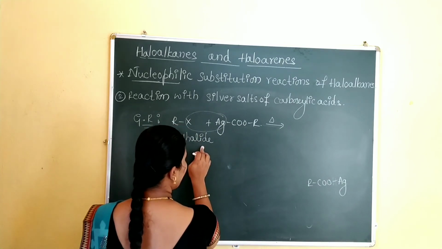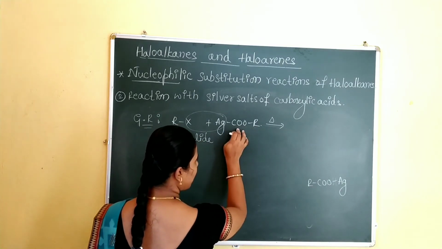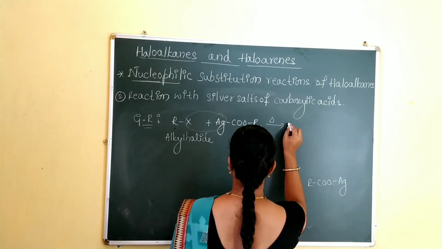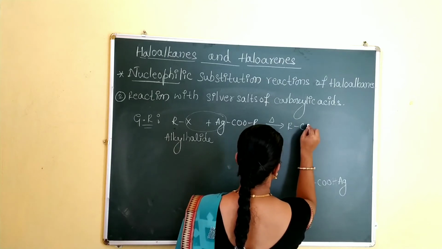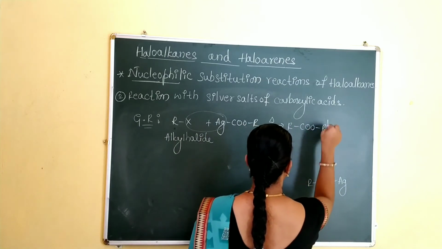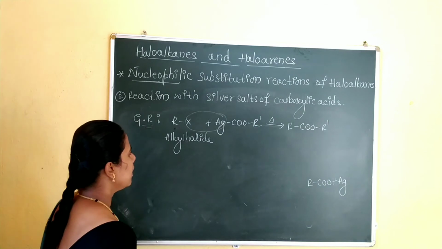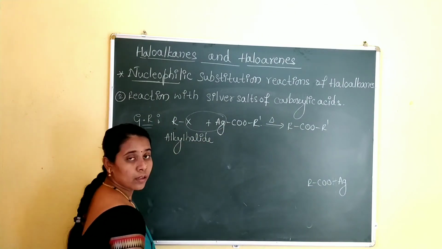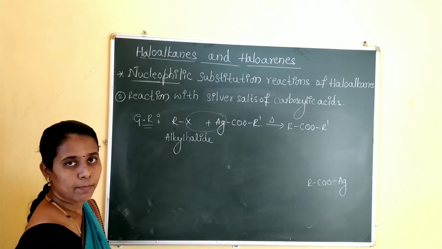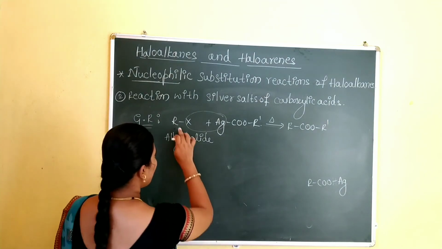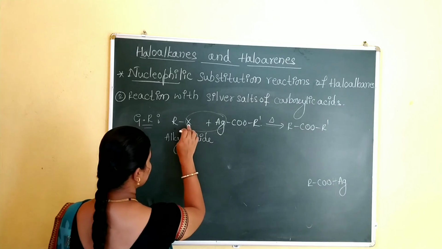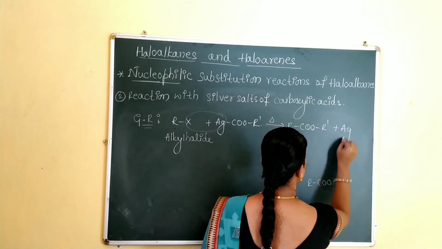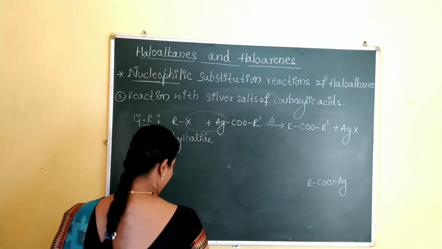When an alkyl halide is heated with silver salt of carboxylic acid, then esters are formed. RCOOR dash. This R and R dash are alkyl groups. They may be the same or they may be different. See here, AgX.